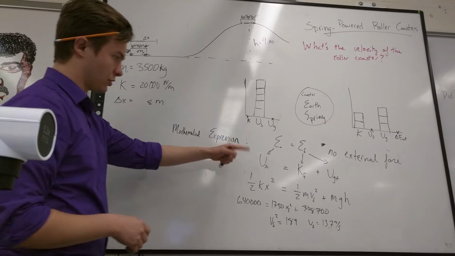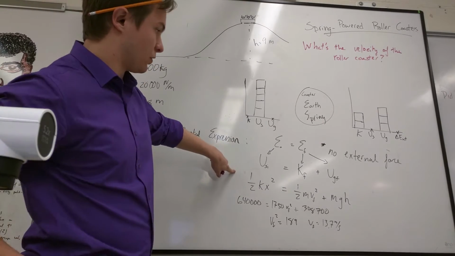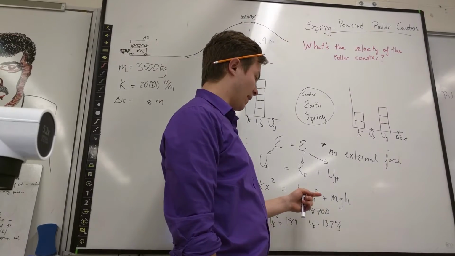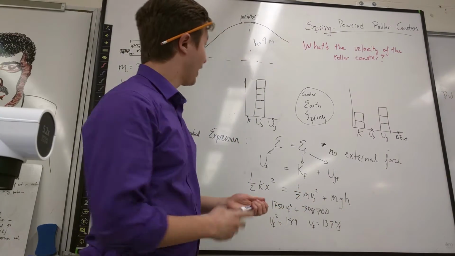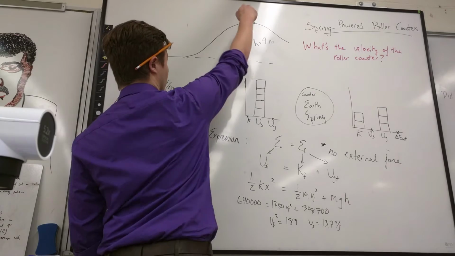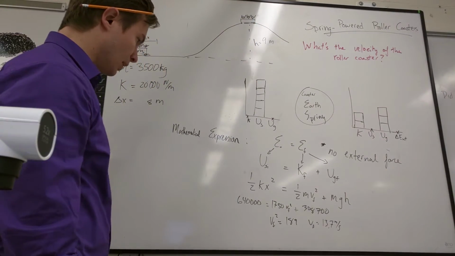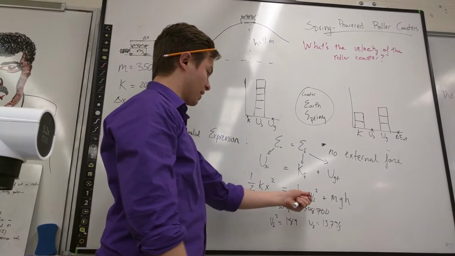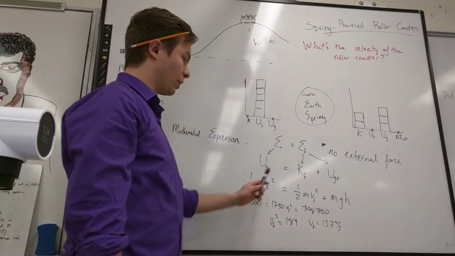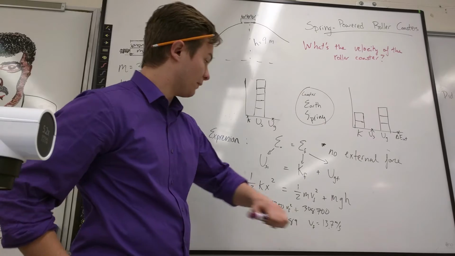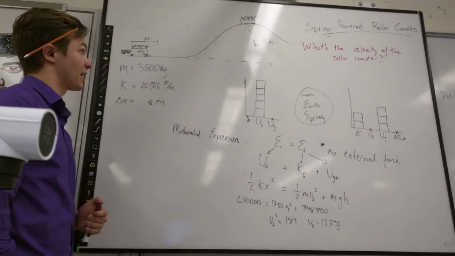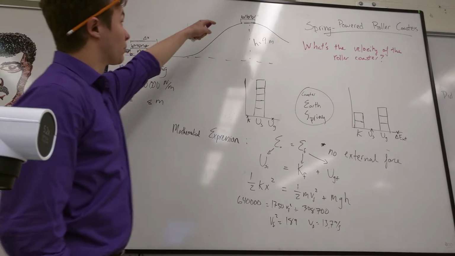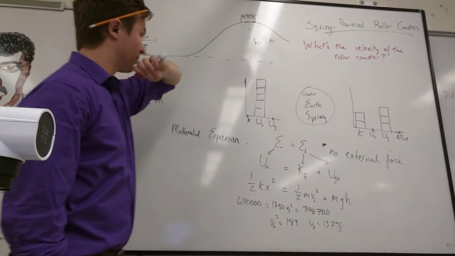My expressions for these types of energies follow: 1/2 k x squared equals 1/2 m v final squared plus mgh, h being the distance from here to there. Now it's a matter of just plugging and chugging. I know all of these variables except for v_f, so I can whittle this down and get a v_f of 13.7 meters per second. So if our assumptions hold true, we should see the roller coaster going at 13.7 meters per second.